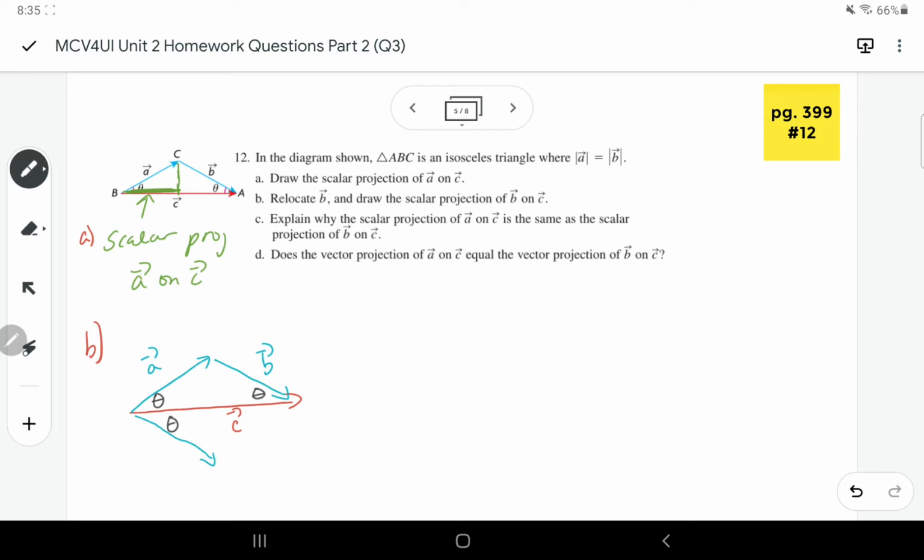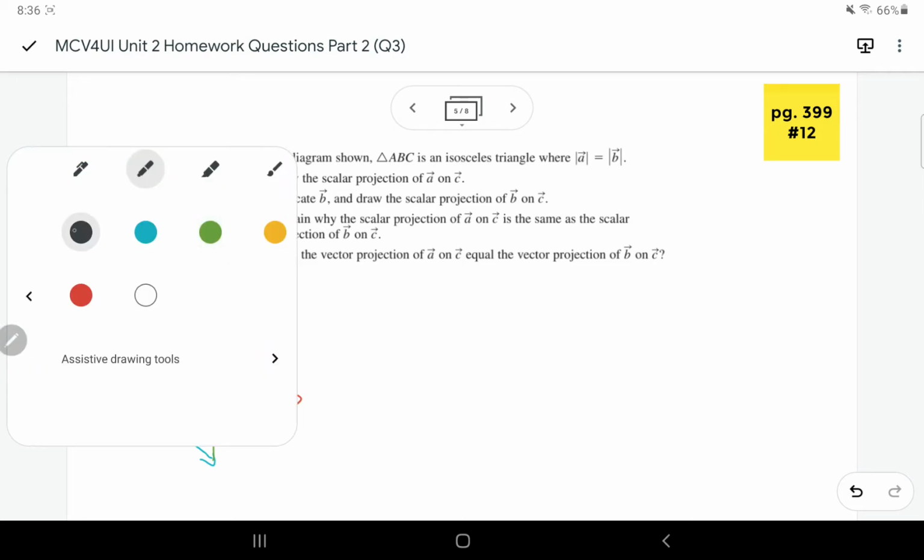So if the magnitudes are the same and the angles are the same, then the scalar projection would also be the same. So if we see in this triangle, you've got a right angle, we have theta there, and we have that hypotenuse length that would be the same as my magnitude of B down here, also with a right angle and the same angle theta, that base of that triangle in both cases would have to be the same.